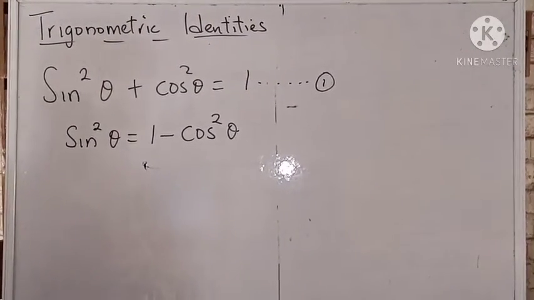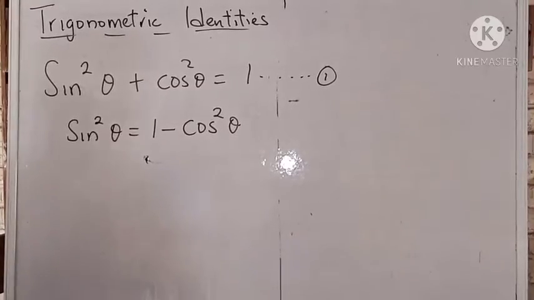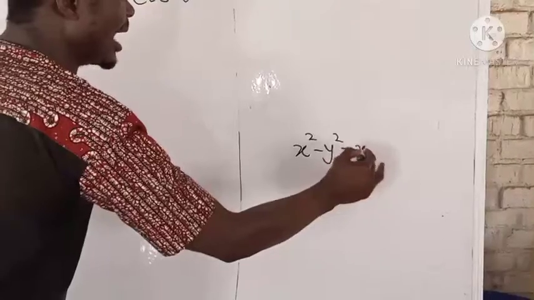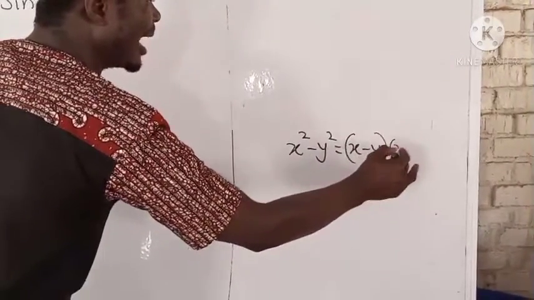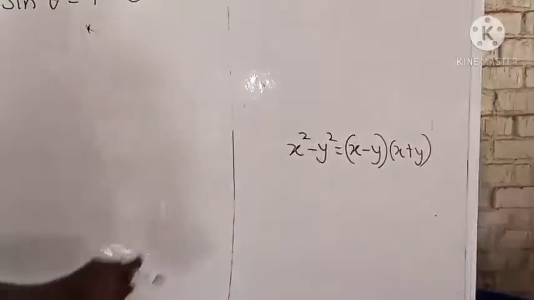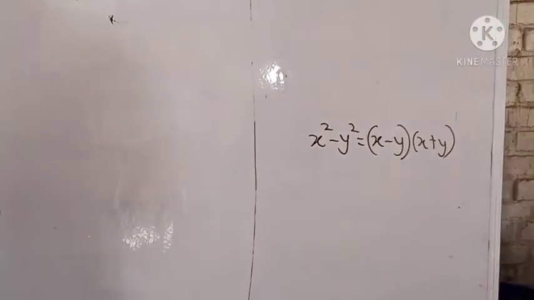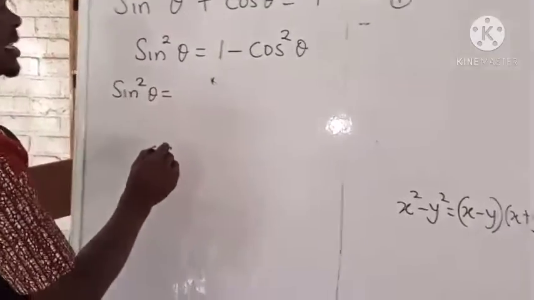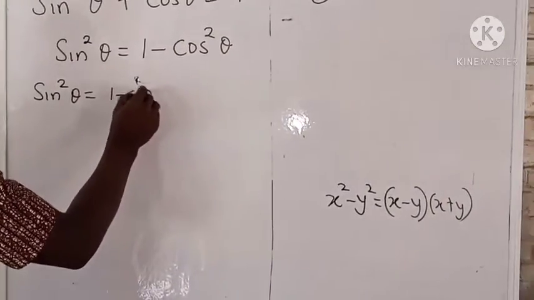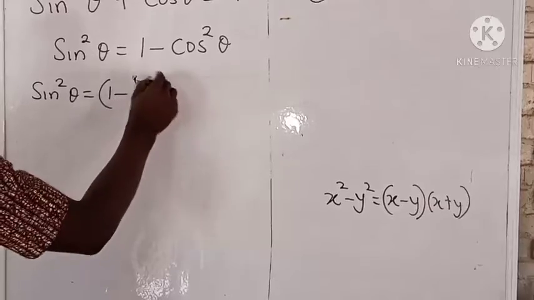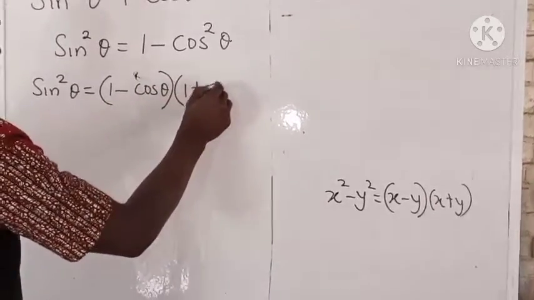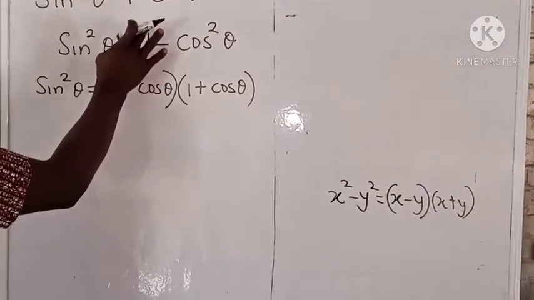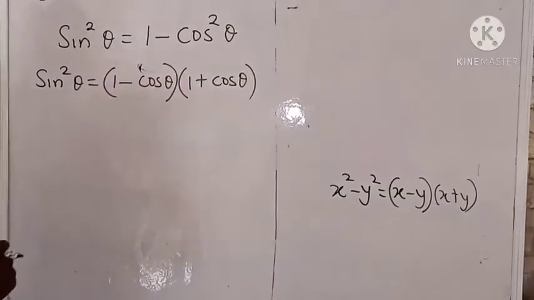Applying the concept of difference of two squares, which states that x squared minus y squared is x minus y and x plus y, I can also employ this concept in this, so that my sine squared theta can also be written as 1 minus cos theta and 1 plus cos theta, where this 1 squared is same as 1.